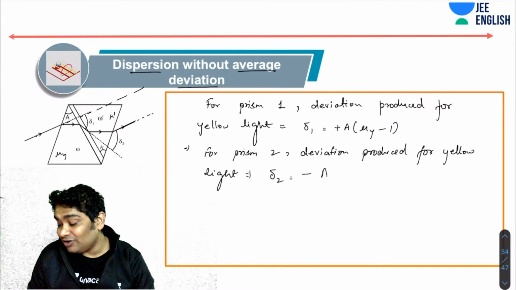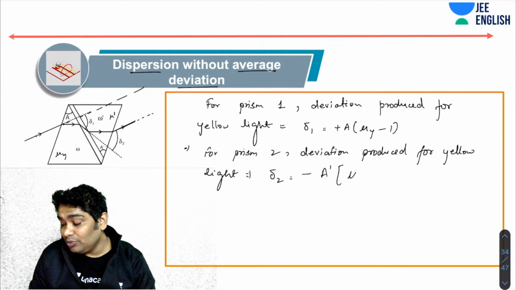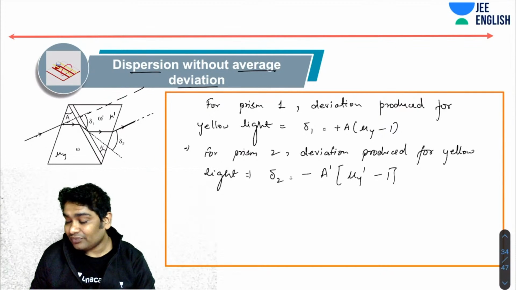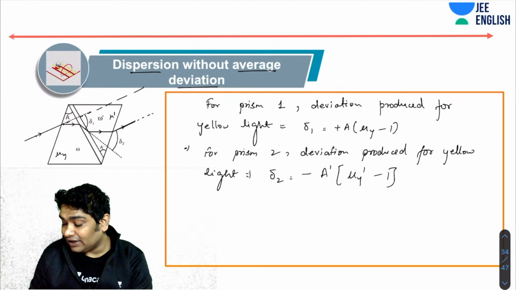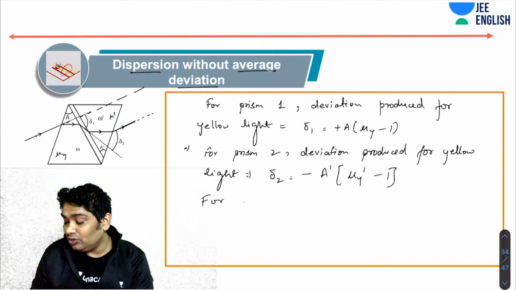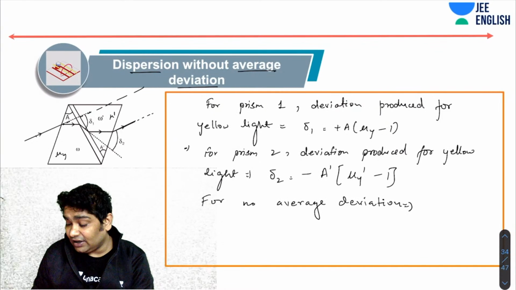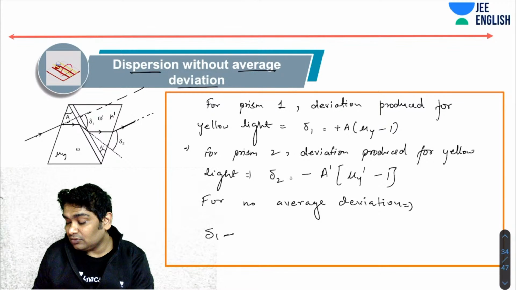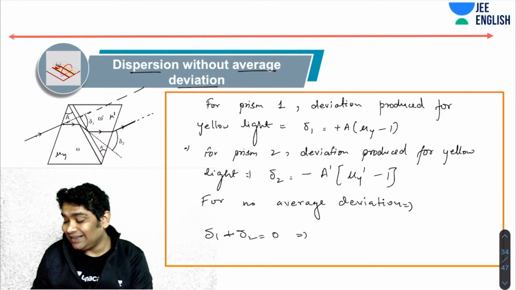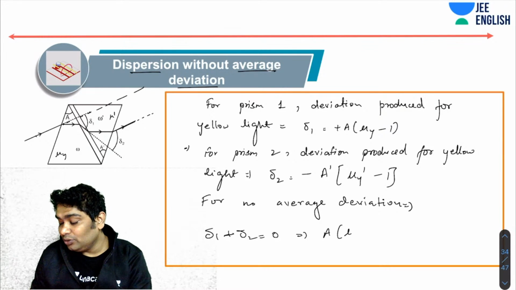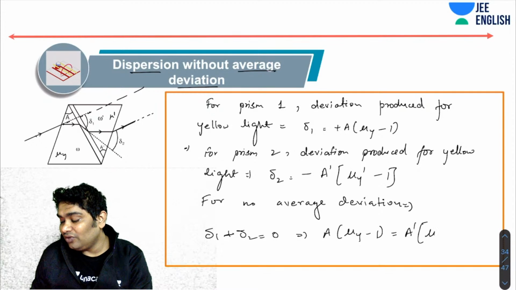Minus A dash times (mu y dash minus 1). Now, for no average deviation, what you realize is that the sum of delta 1 plus delta 2 should be equal to 0. So what will that give me? That A into (mu y minus 1) should be equal to A dash into (mu y dash minus 1).